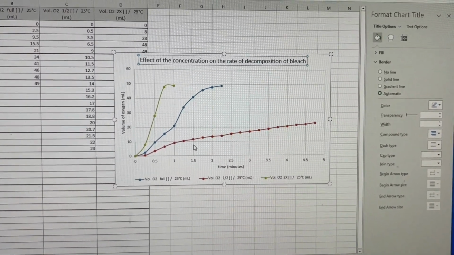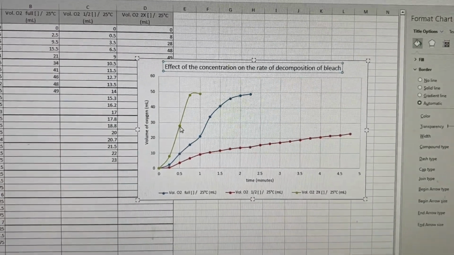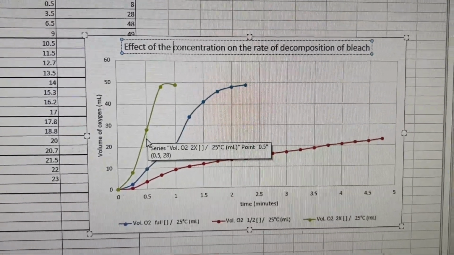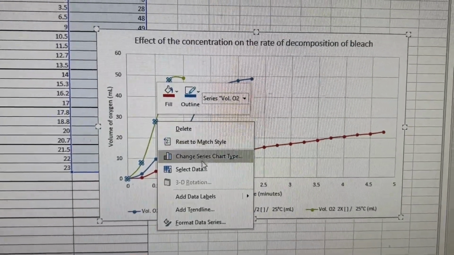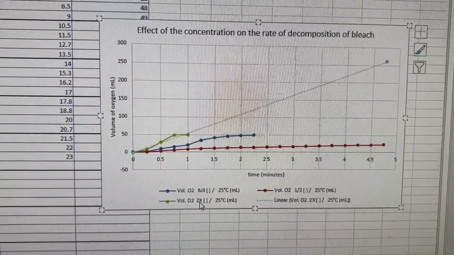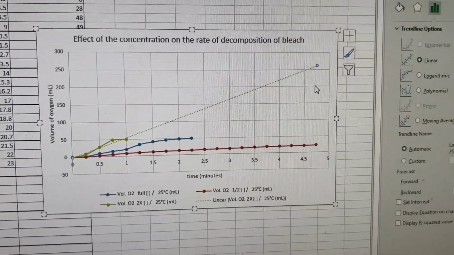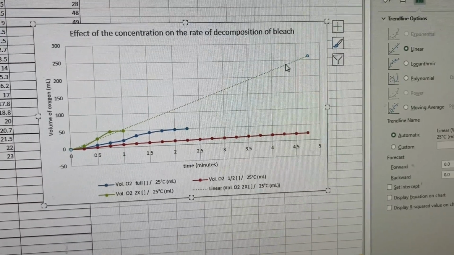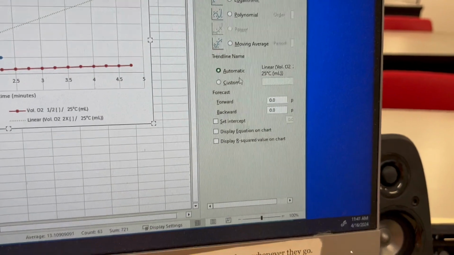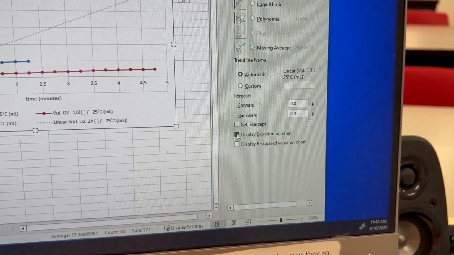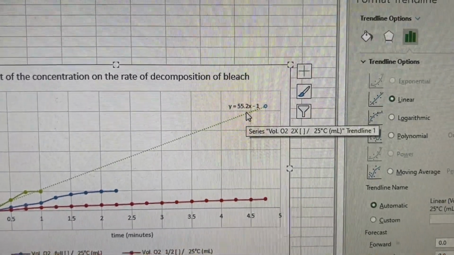So to get the slope, all we need to do is take one of those dots on the graph, right click, and on the pop-up menu add a trend line. On the trend line menu that comes up on the screen, you're going to go to display equation. And now Excel has displayed the equation on the graph.